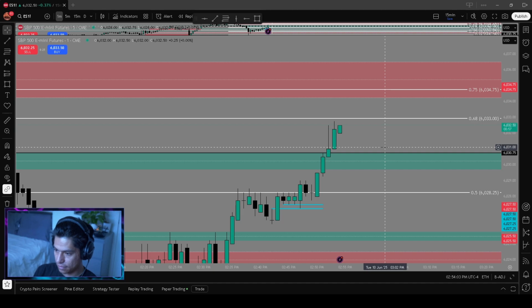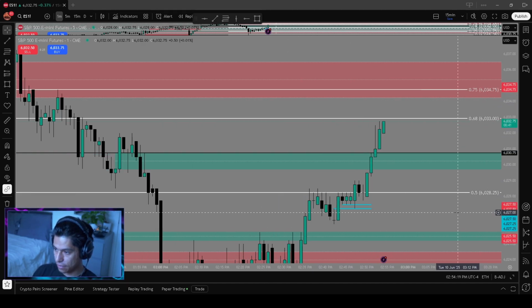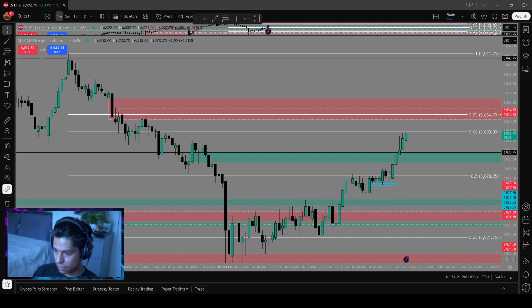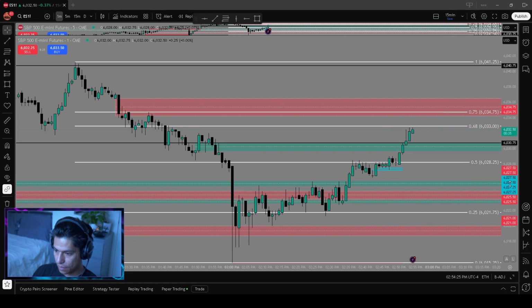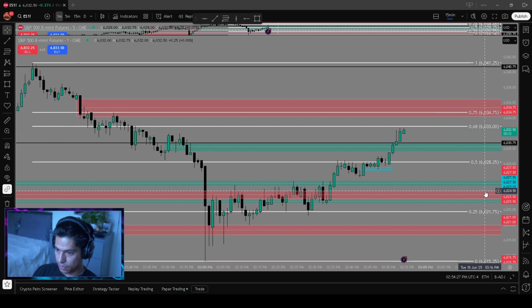So just because we're not in a discount doesn't mean we can't take a trade. But from my experience, I've tended to fail a lot more when I try to do these little trades right here. But it's all depending on your risk tolerance and all that. But for me, I'm trying to be more disciplined and a little bit smarter in my trades.